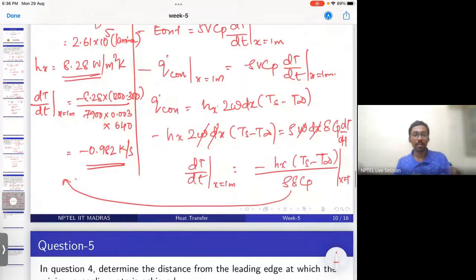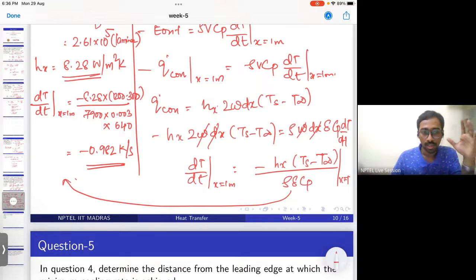Okay, so we have to consider heat transfer from both the surfaces. If it is not specified, mostly it will be specified in the cases where we need to consider both. But if you are simply given a flat surface or something, I'd say you can just go for one side only.